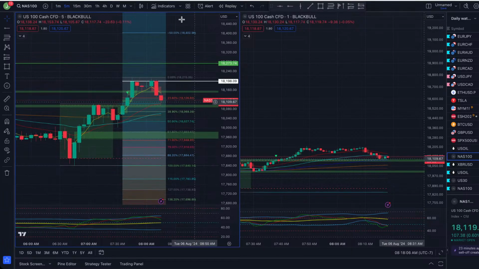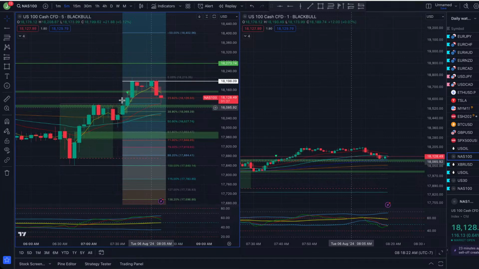Ideally, we want to wait for this candle close, 1 minute, 50 seconds. We'd like this candle to show us some signs that it is the bottom, allowing us to set our stop loss there. It's also tapping into this fair value gap right here on the 5-minute.